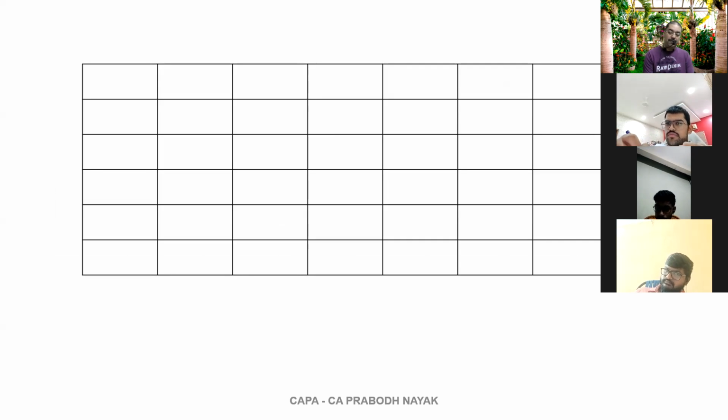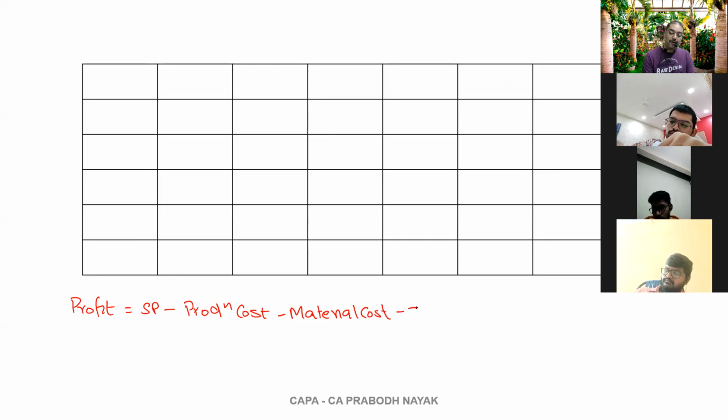Profit is equal to selling price minus production cost minus material cost minus transportation cost.